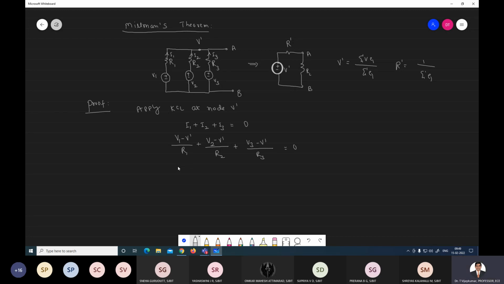You can write it like this: V1 by R1 plus V2 by R2 plus V3 by R3, minus V dash, taking the common factor, times 1 by R1 plus 1 by R2 plus 1 by R3, is equal to 0.